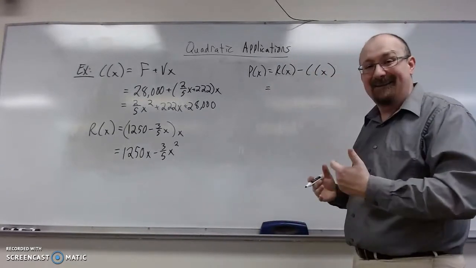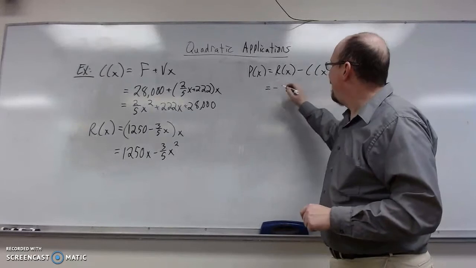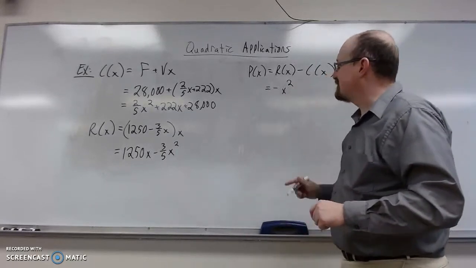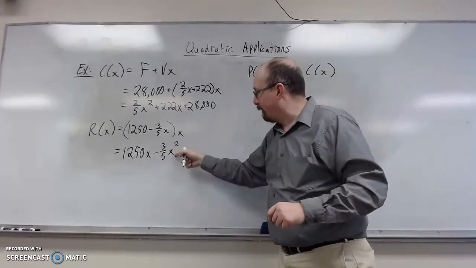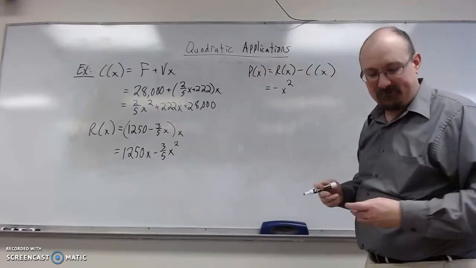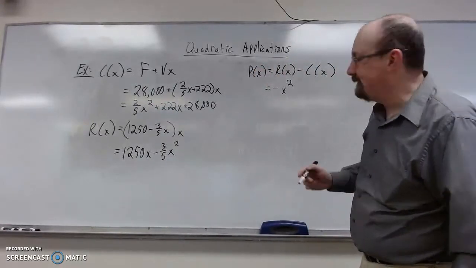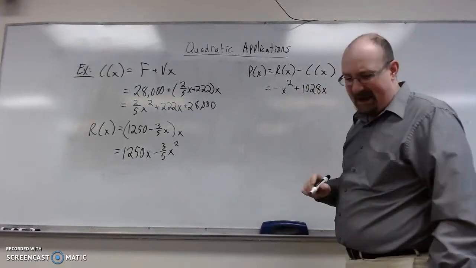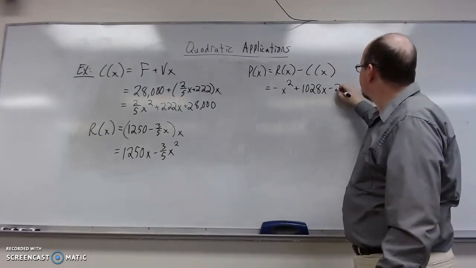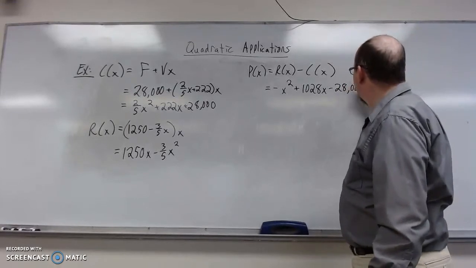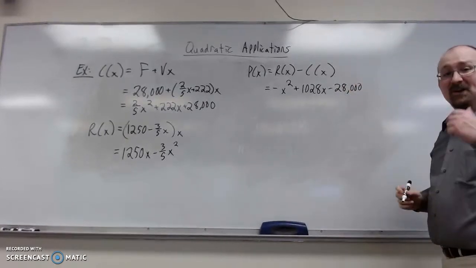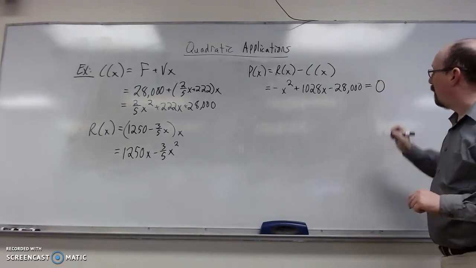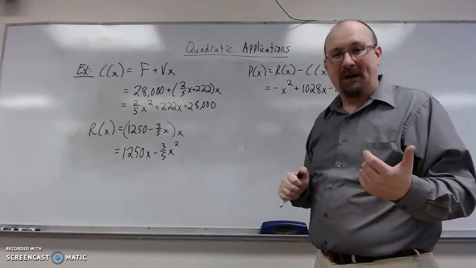When you combine these two, you have negative 3/5 X squared minus 2/5 X squared, so you end up getting a negative 1 up front. Then we have plus 1028X minus 28,000. And like we've seen before, if we want break even, we're going to set this equal to 0.